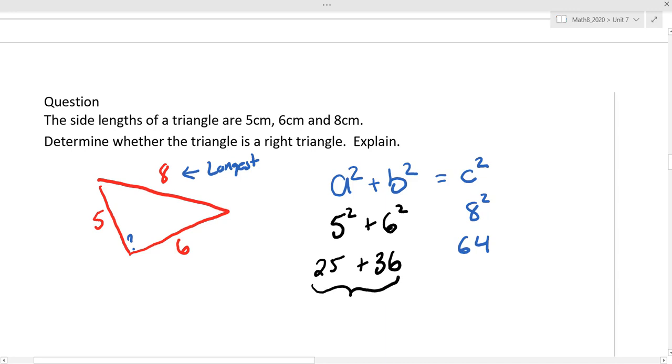What's 25 plus 36? 61. So this side added up to 61. It should have added up to 64. Since it doesn't equal that, we know it's not a right triangle.